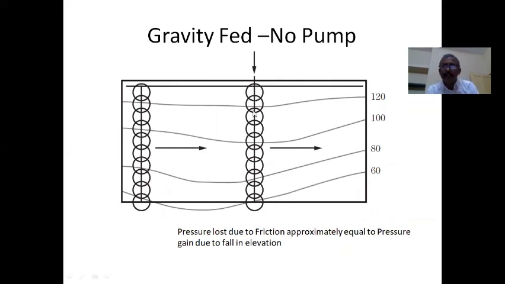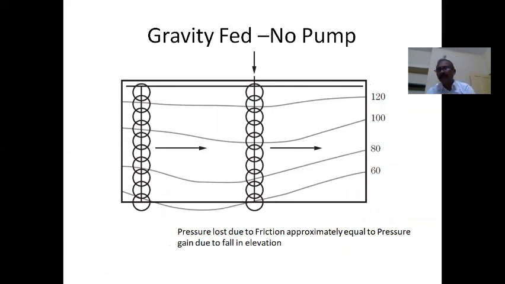What you do is lay the lateral along the slope, down slope. It is designed in such a way that the pressure lost due to friction along the lateral is equated to the pressure gained because of the fall in elevation.